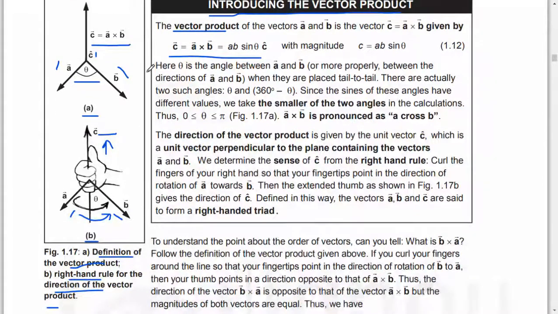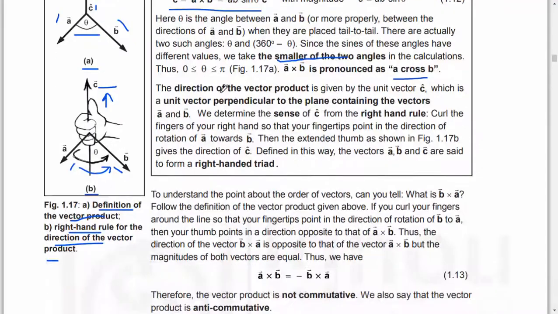Here, theta is the angle between A and B, or more properly between the directions of A and B. When they are placed tail to tail, there are actually two such angles, theta and 360 degree minus theta. Since the senses of these angles have different values, we take the smaller of the two angles in the calculation. Thus, 0 is less than or equal to theta, which is less than or equal to pi, figure A. A cross B is pronounced as A cross B.